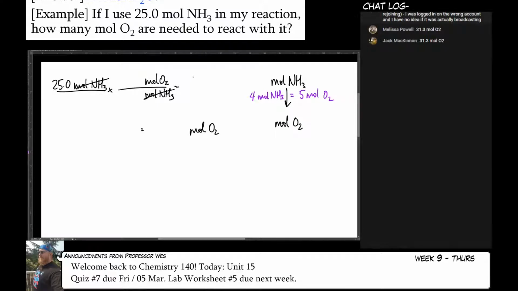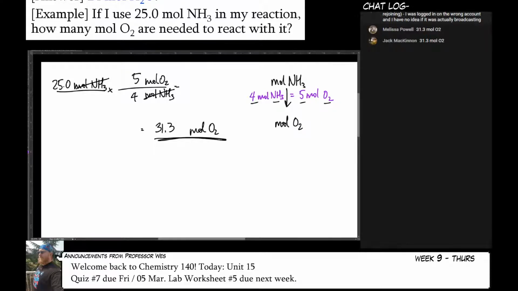And so now we just run the numbers. So there were 5 O2 and 4 NH3. So whatever 125 divided by 4 is, 25 times 5, 31.25, which rounds to 3 sig figs, 31.3 moles of O2, which is what y'all got, so that's great.